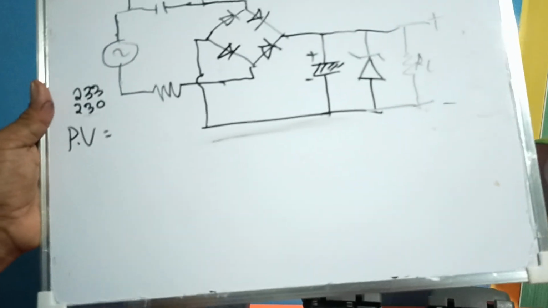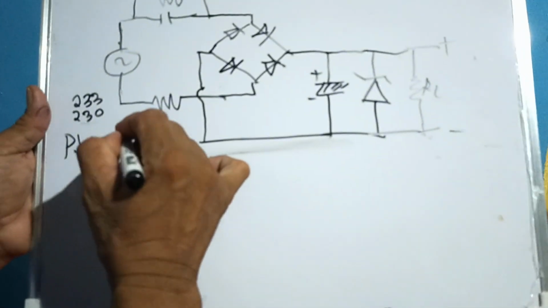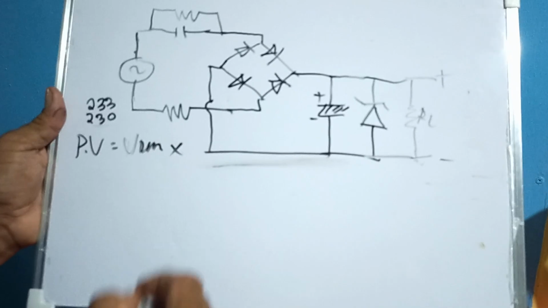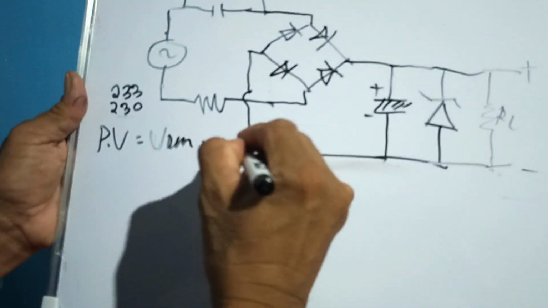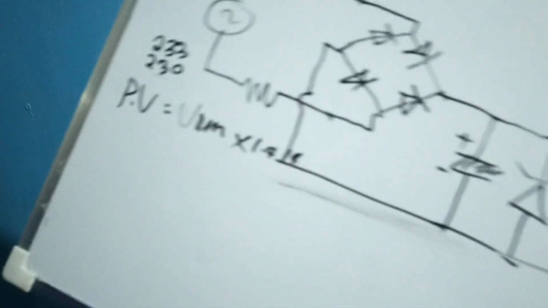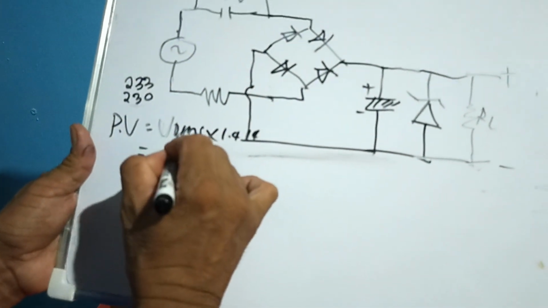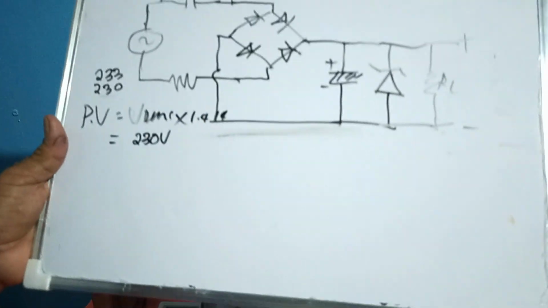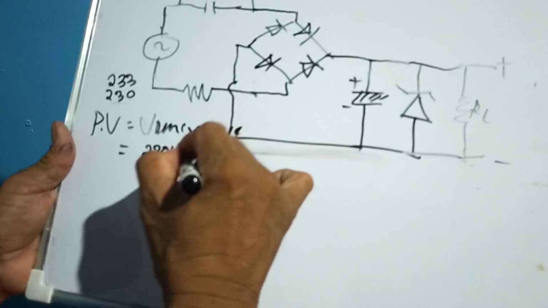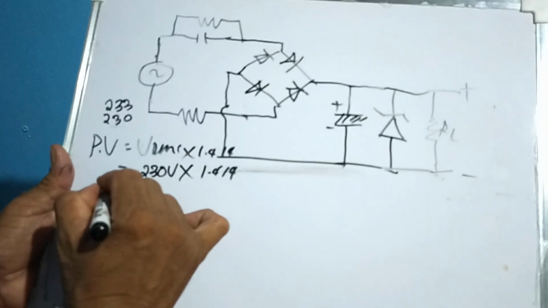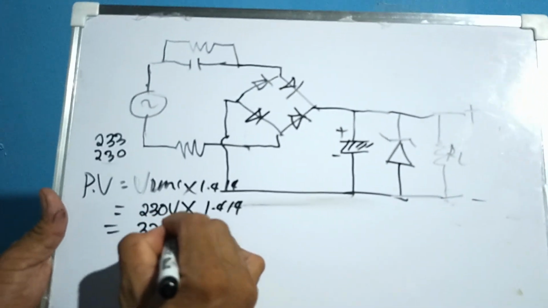So the formula to get the peak value is VRMS times the square root of 2, or 1.414, which is a constant value. So the RMS here is 230 volts times 1.414, which is equal to 325 volts.